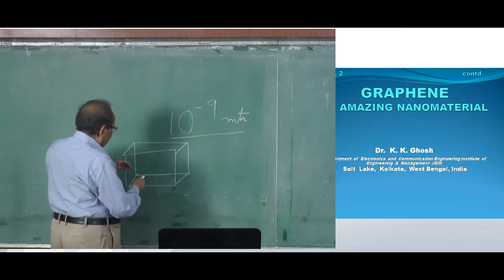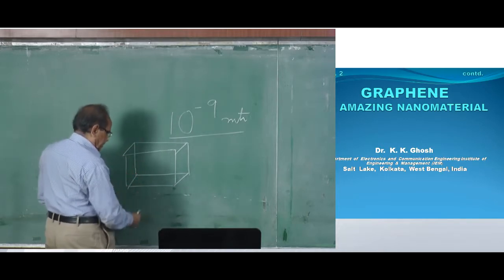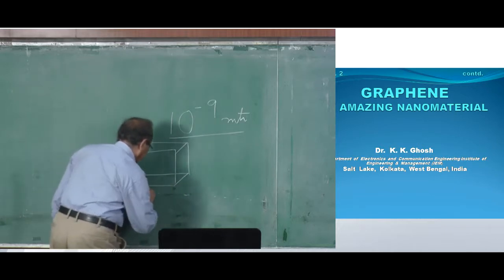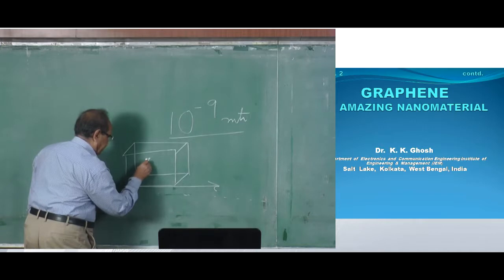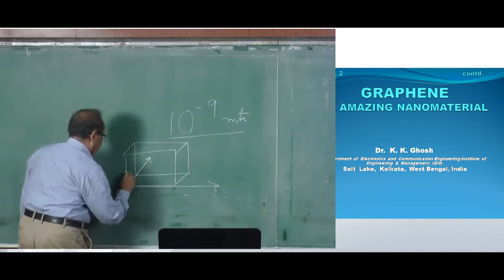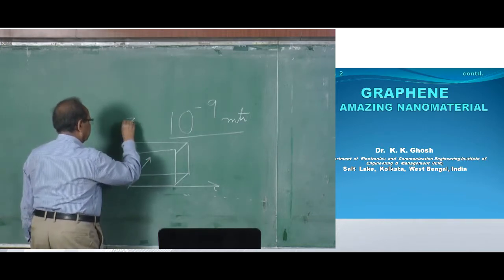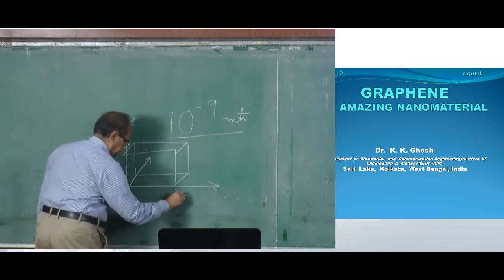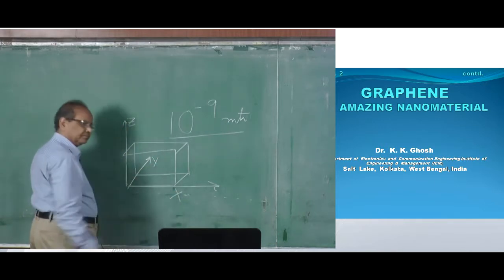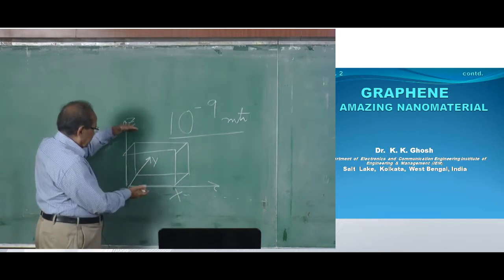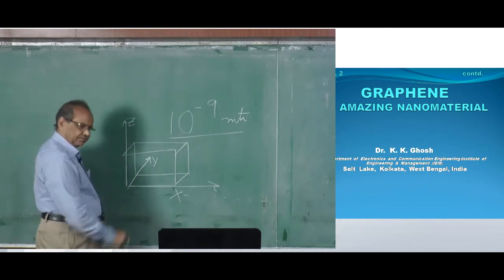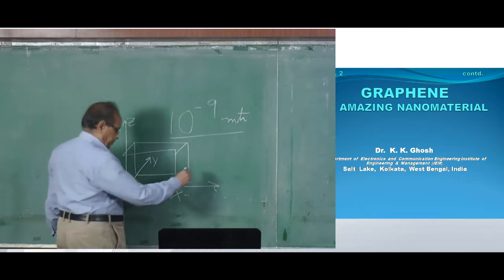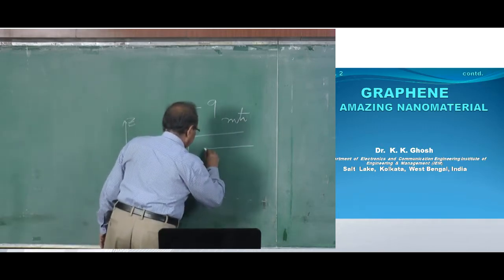But now say this is my x direction, this is my y direction, and this is the z direction. Now gradually, I scale down the z direction. Then it will come to a flat plate like this.